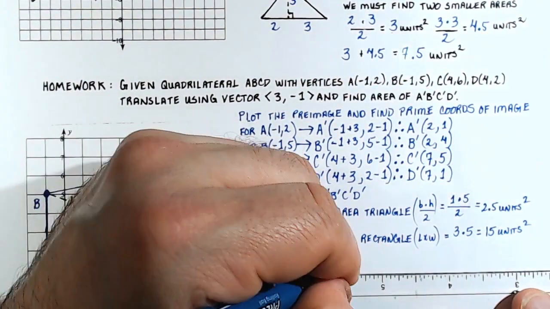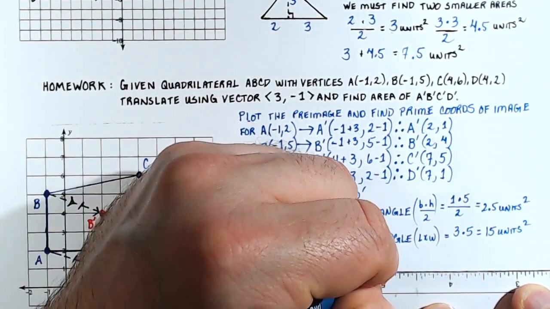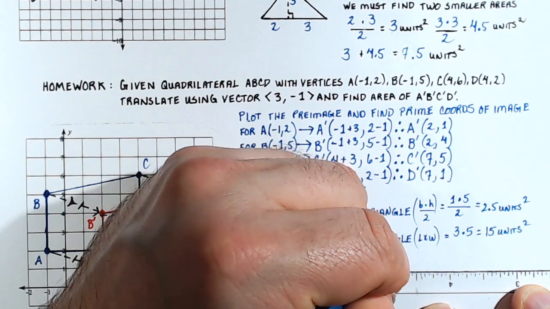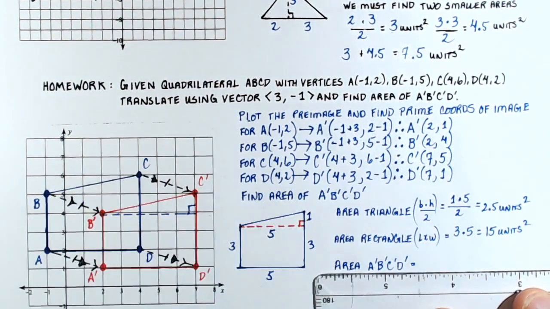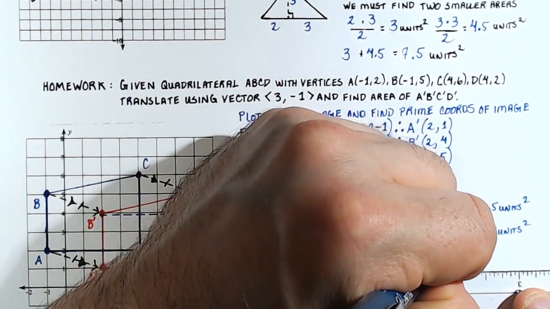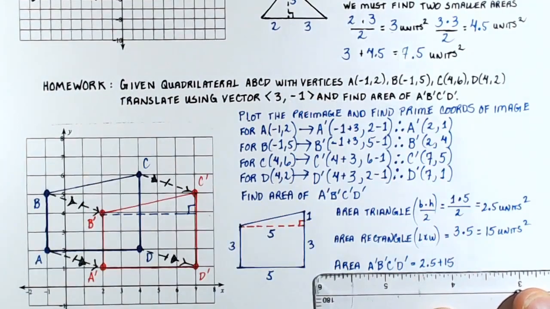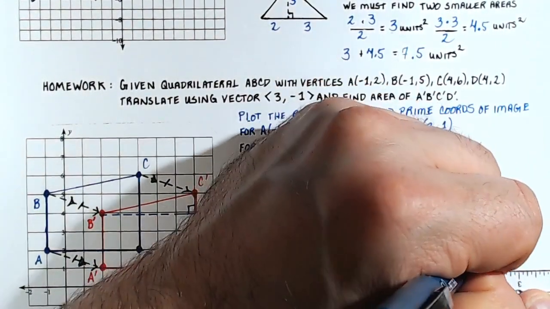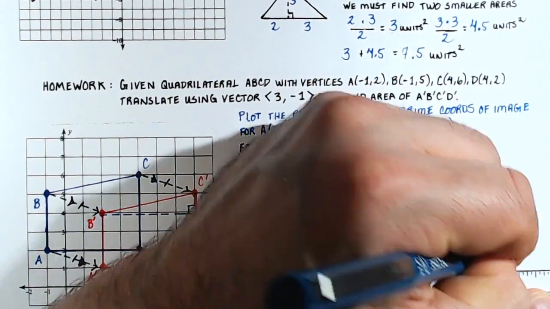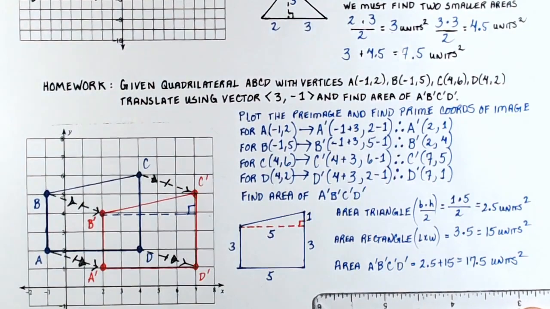So the area of the quadrilateral A prime, B prime, C prime, D prime equals 2.5 plus 15 units squared, which is equal to 17.5 units squared. All right.